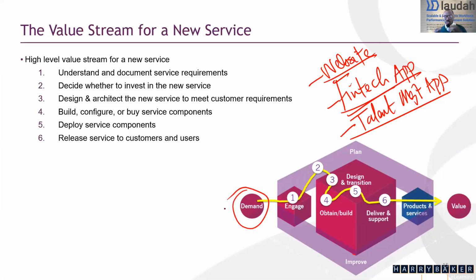They convert them to value. That is a website that somebody can visit or interact with, or a fintech app that somebody can transfer money through, or a talent management application where somebody can actually see the skills required for his role and the gap he has across those skills.